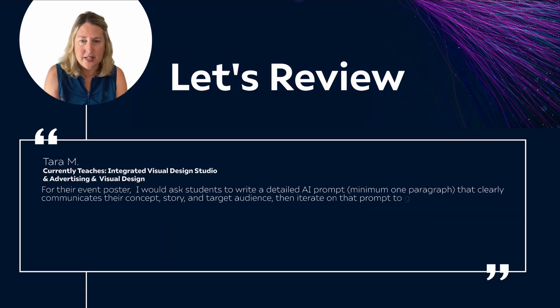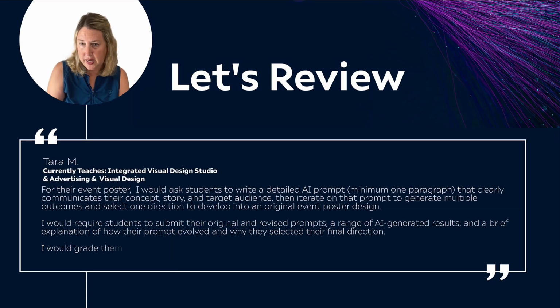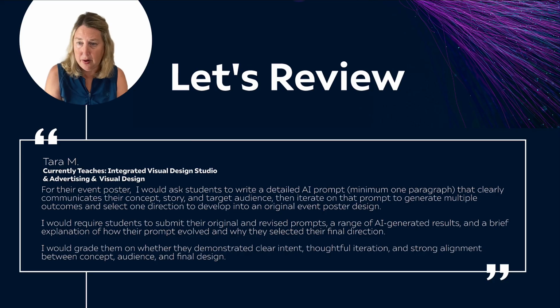And Tara says she would have her students use AI to write a detailed AI prompt with a minimum of 1 paragraph, okay, that clearly communicates their concept, story, and target audience. Then iterate on that prompt to generate multiple outcomes and select one direction to develop into an original event poster design.